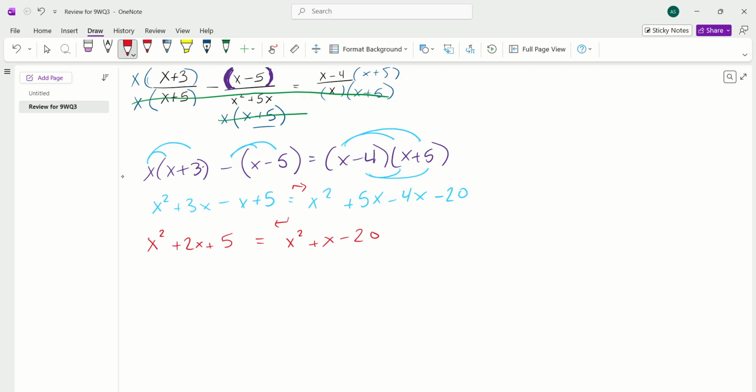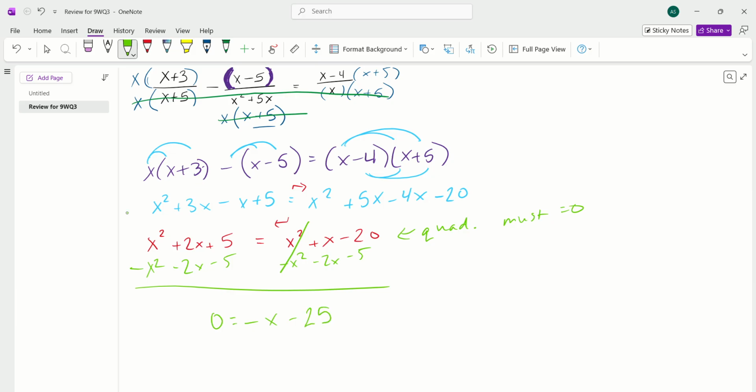And then I see that this is a quadratic, so it must equal 0. So I need to get rid of one of these sides. I'm going to get rid of this one. And once again, my x squareds cross out. And now I no longer have a quadratic.